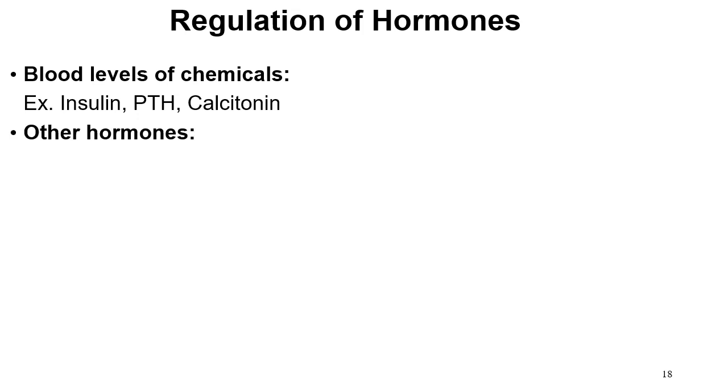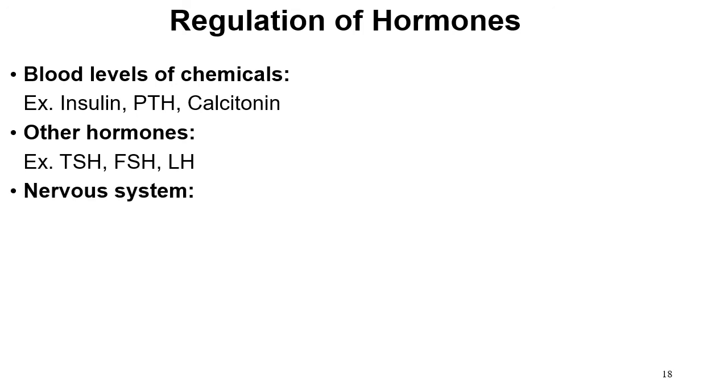Other hormones. In other words, one hormone tells the body to secrete another hormone. So examples include TSH, which is thyroid stimulating hormone, which stimulates the thyroid gland. FSH, which stimulates your follicles. LH, which has to do with ovulation and sperm or testosterone production. The nervous system.